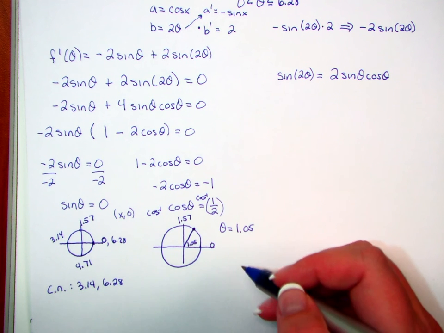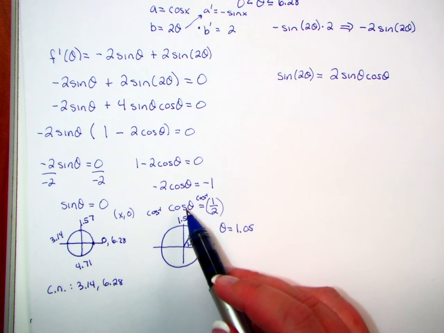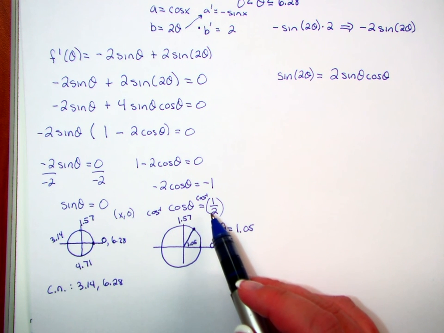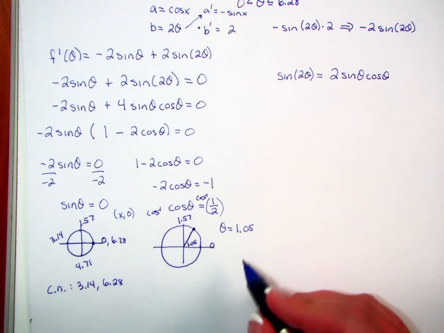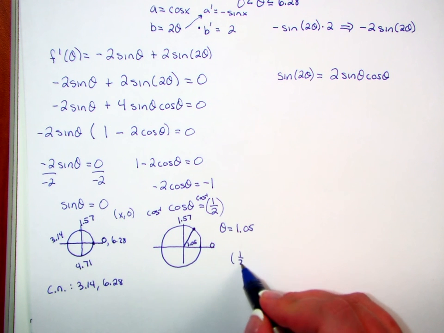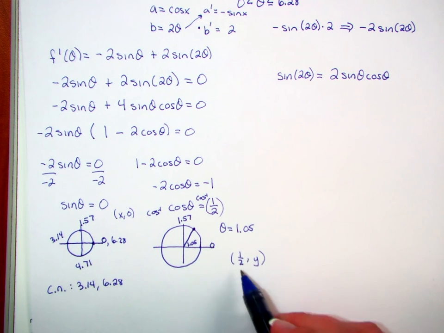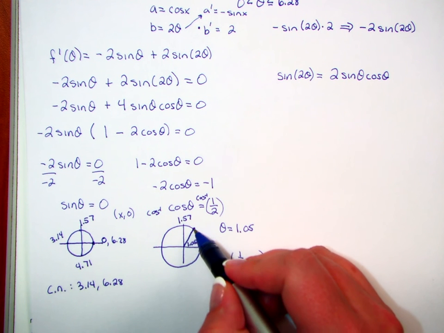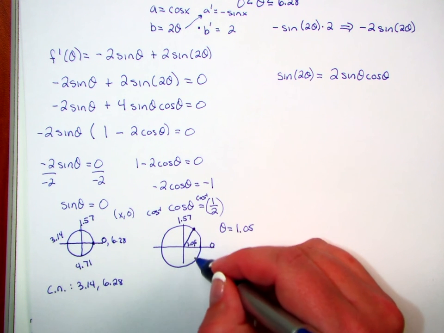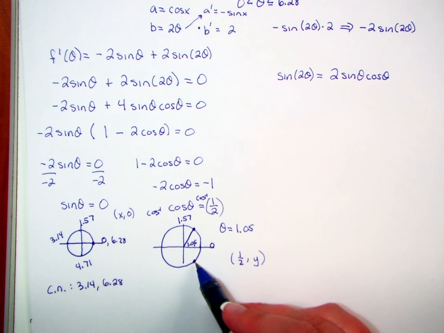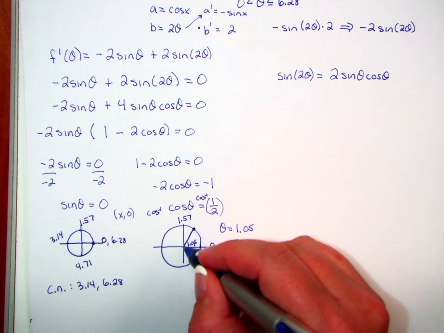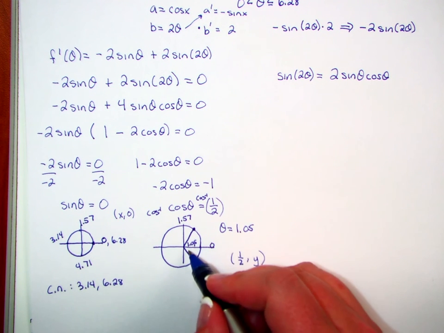Okay. Now there are 2 answers, because what other angle is going to give you a cosine of 1/2? Remember the x value is the cosine, so we're looking for 1/2 comma y, right? So the x value is 1/2 here. So we have 1 in quadrant 1, and we have another point where we get 1/2 comma y in quadrant 4. So how do we calculate that? Well, the reference angle is still 1.05.